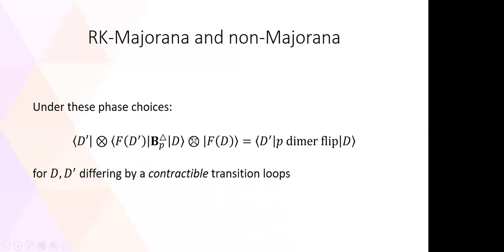Two states, you can write down the transition graph for them and look at the loops that relate them, and for a contractible transition loop, this will just be the same as in the non-Majorana RK Hamiltonian. And what is the P supposed to mean?